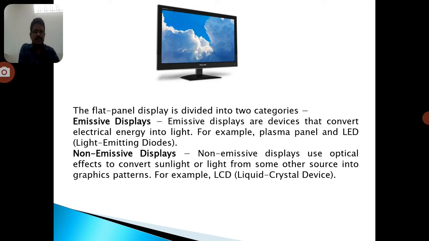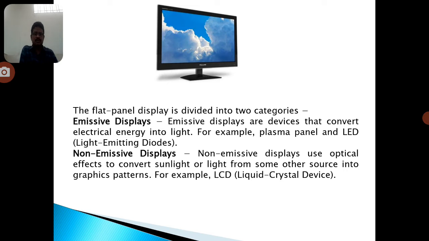Non-emissive display devices use optical effects to convert sunlight or any other light source into a graphics pattern. That means it takes the signal from outside, through sunlight or any other light, which is captured and converted into a graphics pattern.